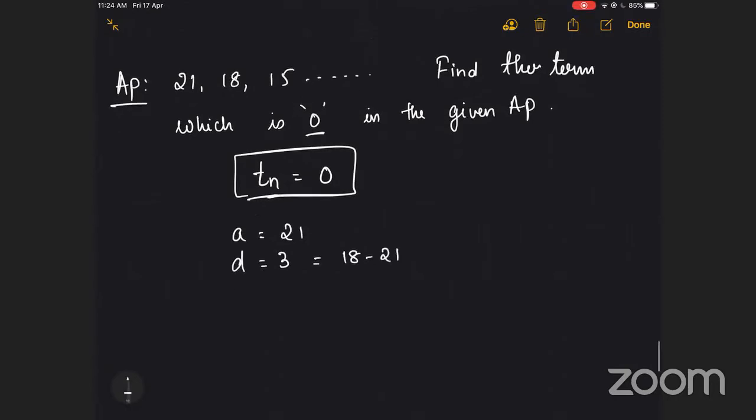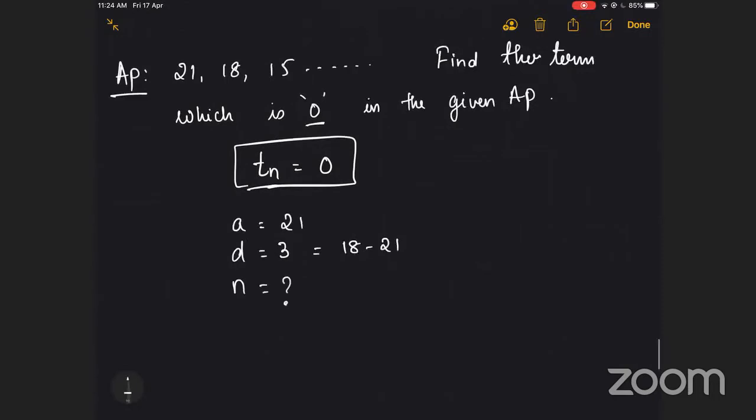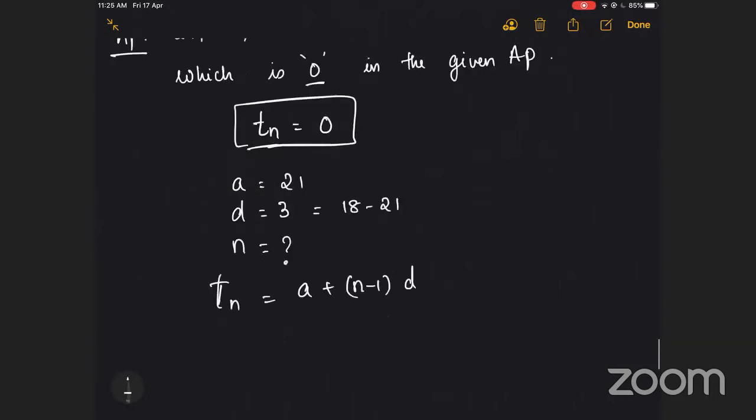Now we need to find the value of n. The term is given by A plus (n minus 1) times D. The value of A is 21. What is the value of n? We don't know, we need to find it. And the value of D is minus 3.